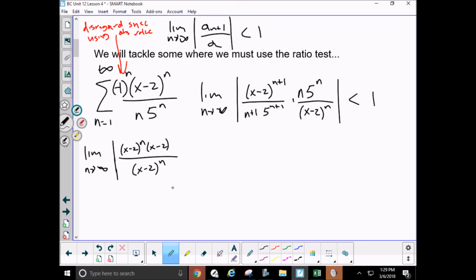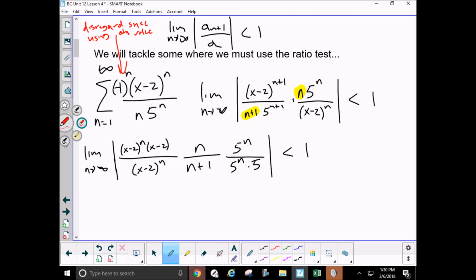I'm going to put the n over the n plus 1. I'm not going to simplify anything there. Can't. And then I have the 5 to the n over 5 to the n plus 1, which is 5 to the n times 5. This absolute value must be less than 1 for our series to converge.